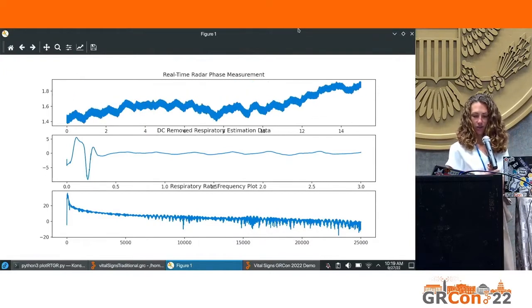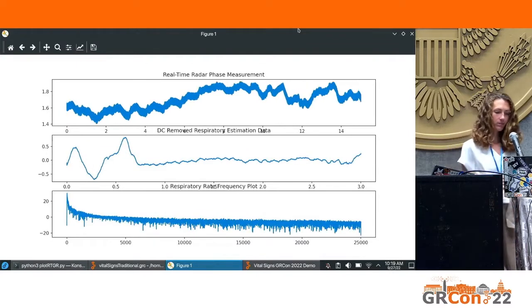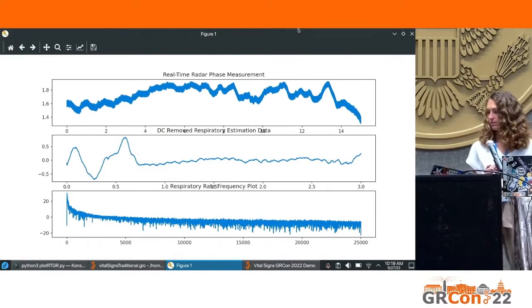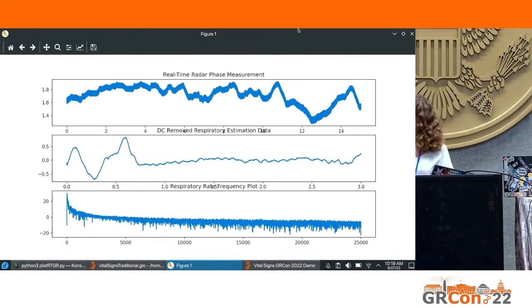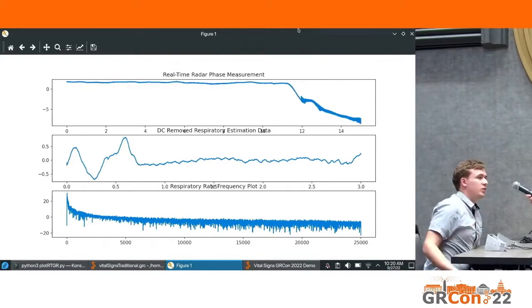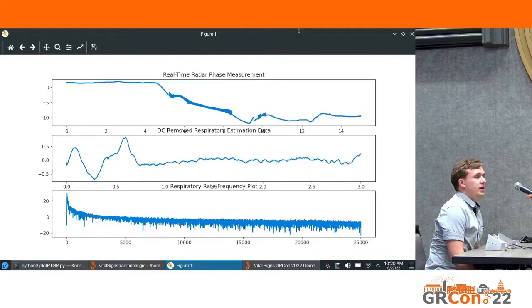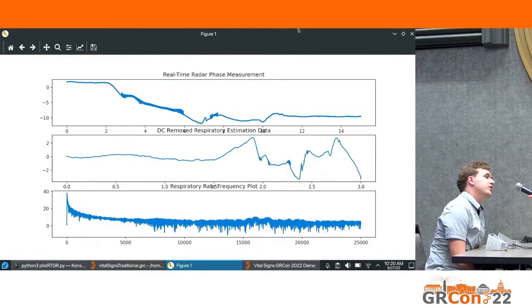So all the little peaks there correspond with heartbeats. You can see the little heartbeat right down the middle there, in the middle plot, just the heartbeat once it's been filtered out and processed a little bit. And because my FFT on the bottom is poorly scaled, you can see a peak at the bottom.